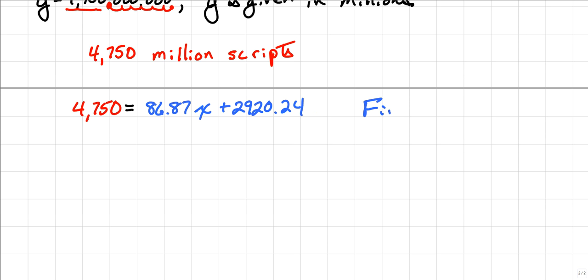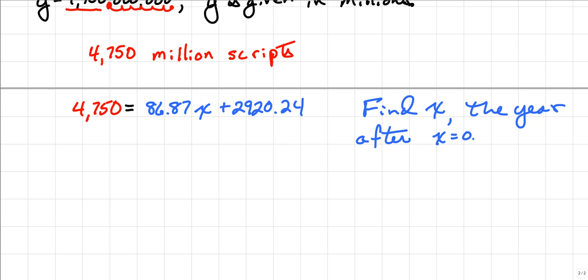Now remember, we want to find x, which is going to be the years after x equals 0, such that the year is 2000.